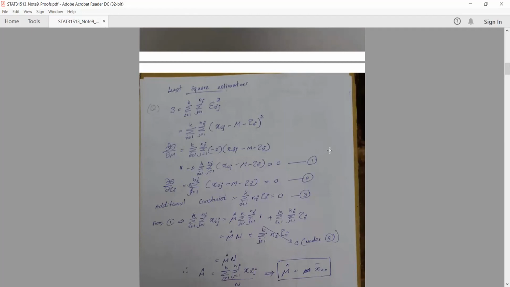Since for simple linear regression and multiple linear regression we were using the least square method to estimate our parameters, in the completely randomized design also we are going to use the least square method, but it's not a must. You can use any other method like maximum likelihood.